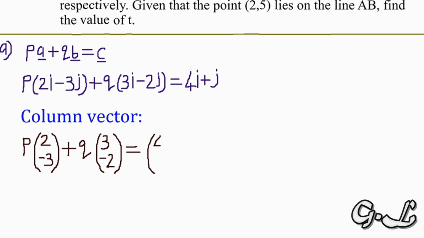So we're going to write 4 up, and then the one which is attached to the j, it is 1. In such a case, it is just the same as x. So if you say x, 1 is attached to the x, so it is the same as this case. You can't say 1j. That is the reason why you can't see the 1. So in such a case, just need to know that 1 is attached to that j. So in such a case, it is 1, like that.